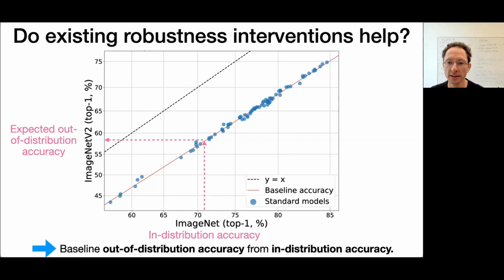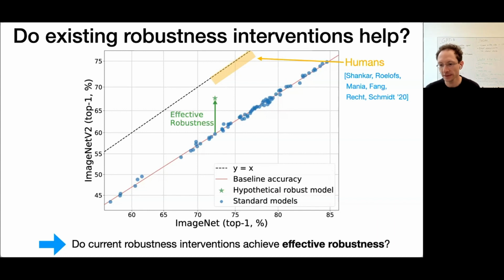So here on the y-axis, if you get 71% on ImageNet, the expectation would be that you get, say, 58% on ImageNet v2. And what we are looking for is ways of improving the robustness by going above this red baseline. This is what we call effective robustness.